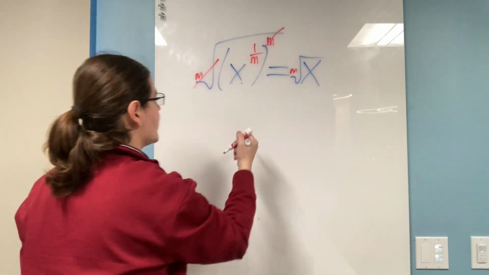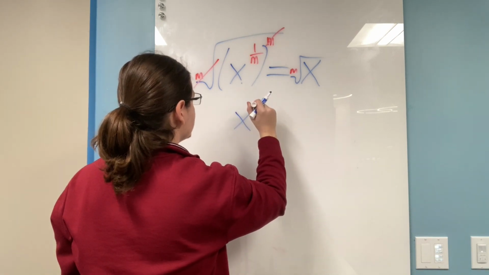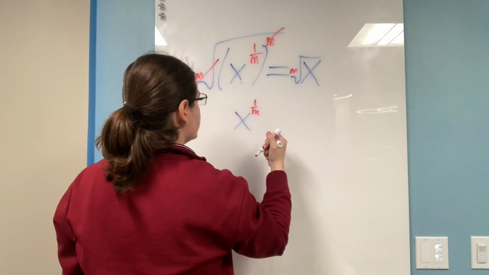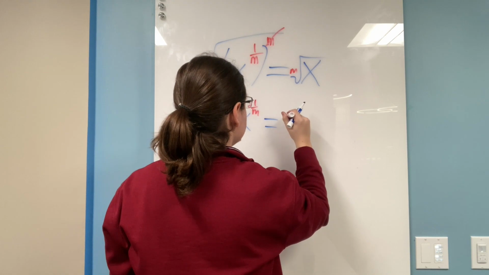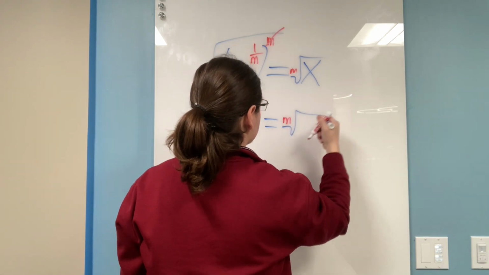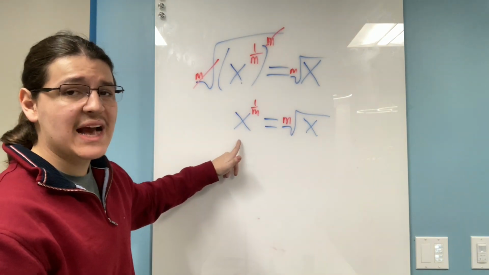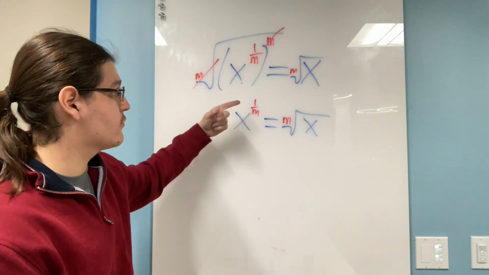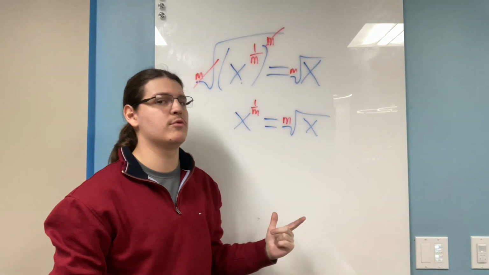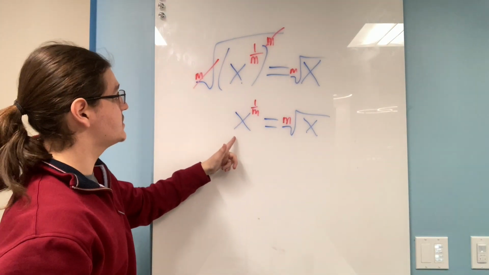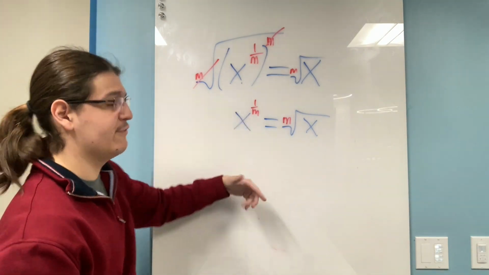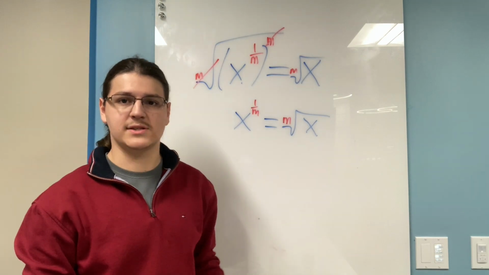So on one side, we have x to the 1 over m is equal to the mth root of x. So x to the 1 over 2 is equal to the square root of x. And x to the 1 over 4 will be the 4th root of x.